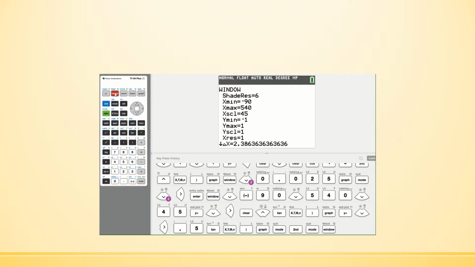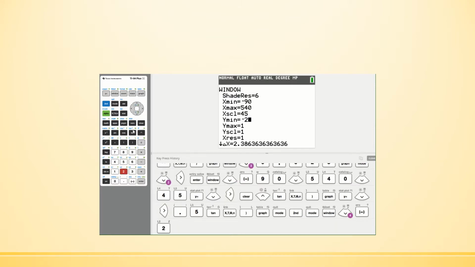We're going to have asymptotes at every 90 degrees. So x min, x max, and x scale I'm satisfied with. But I'm going to need to change the y minimum and y maximum so I can see the graph, because it's either going to be above 1 or below -1. So I think I'll just go with -2, 2.